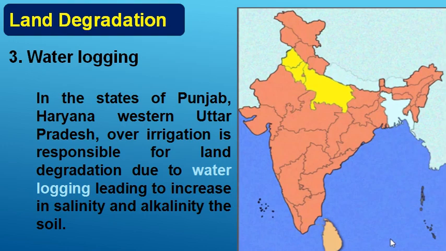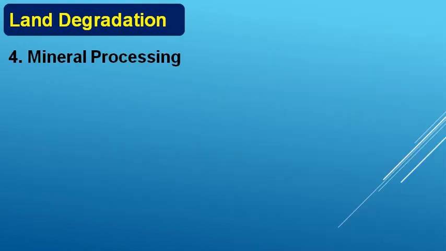Which are the states which are affected by this? They are Punjab, Haryana, Uttar Pradesh. Now we know these are agriculturally rich states, but the problem that they face is waterlogging, and due to waterlogging what happens is land degradation.